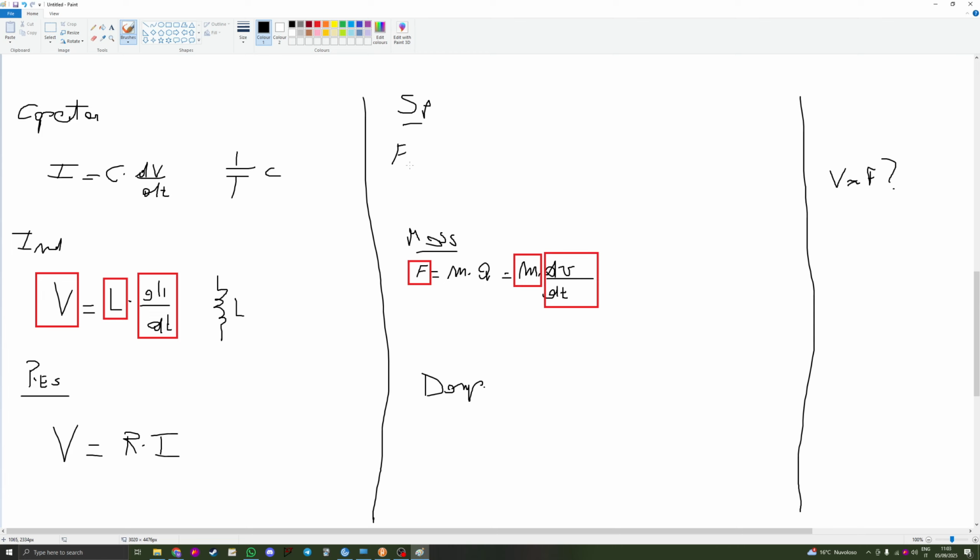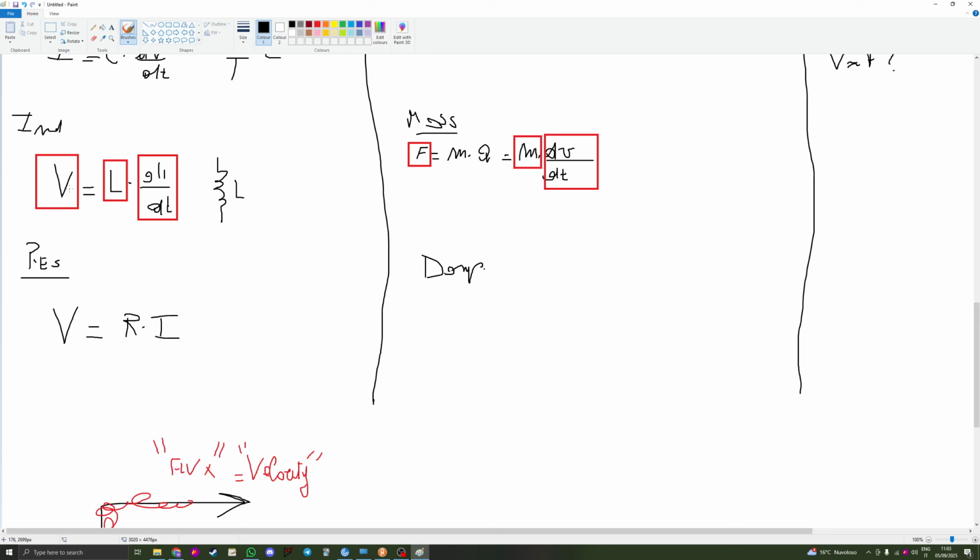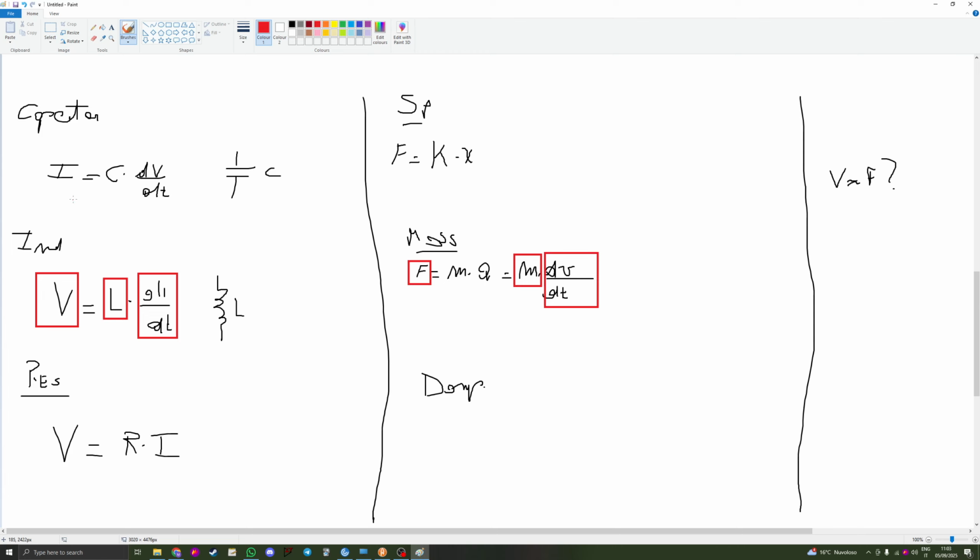The spring obeys Hooke's law, which is F equal to K times X, the modulus of course. Now, I have F and I have I, so we have to do a little bit of a trick. We can use the mechanical way, or the electronics way. It's the same. Let's use the electronics way. We have V equal to 1 over C times the integral of I dt, which is Q. So basically, Q is the movement.